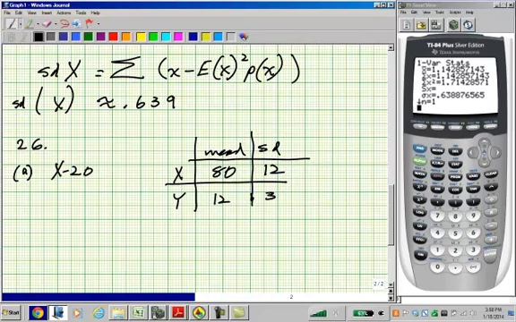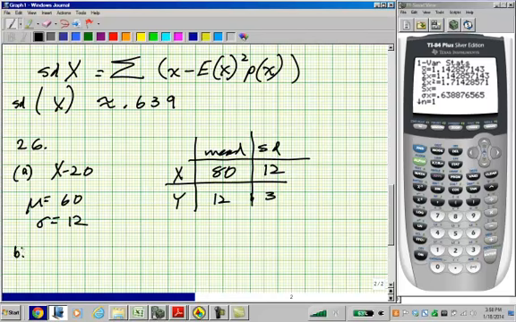Okay, so x minus 20 is going to be mu equals 60, standard deviation equals 12, because the standard deviation is not affected by addition or subtraction, just like before.